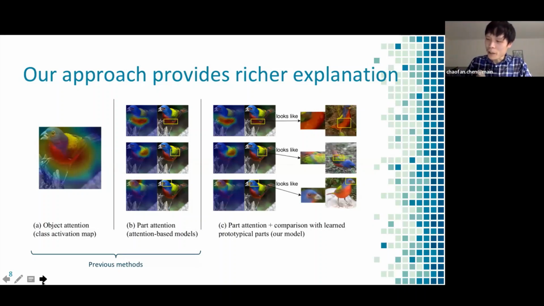So we use both attention and similarity to prototypical cases. As a result, our model is not only able to highlight the important parts of an input image, but also justify why it highlighted those parts by drawing comparisons between the highlighted part and the prototypical aspects of each class. Okay.